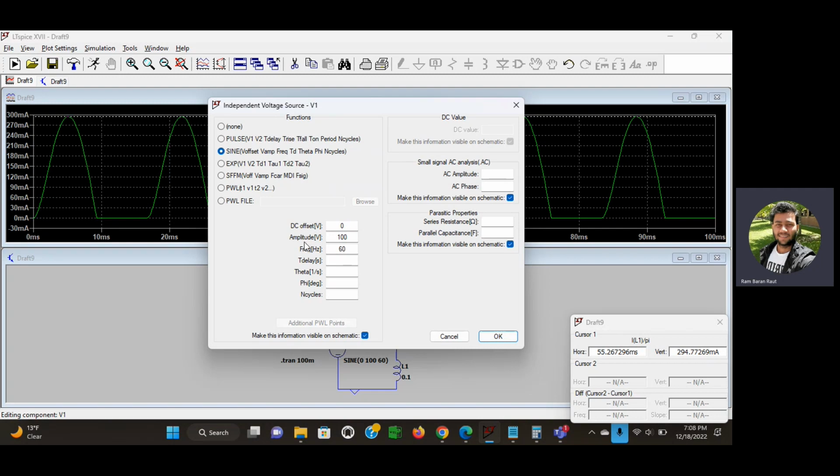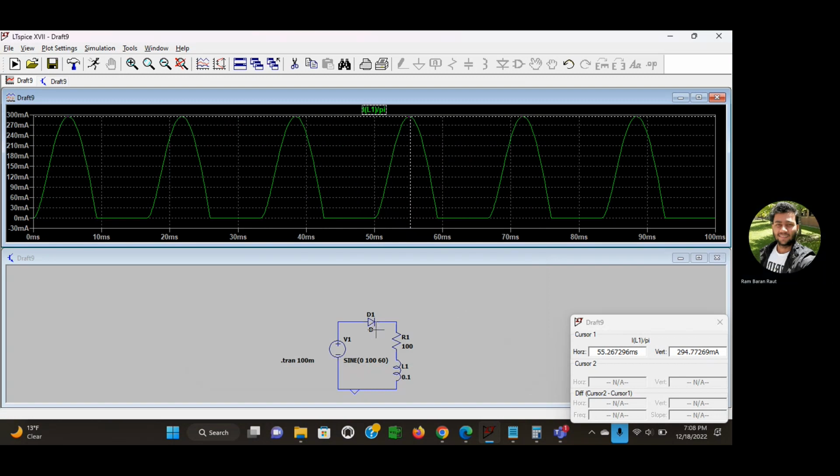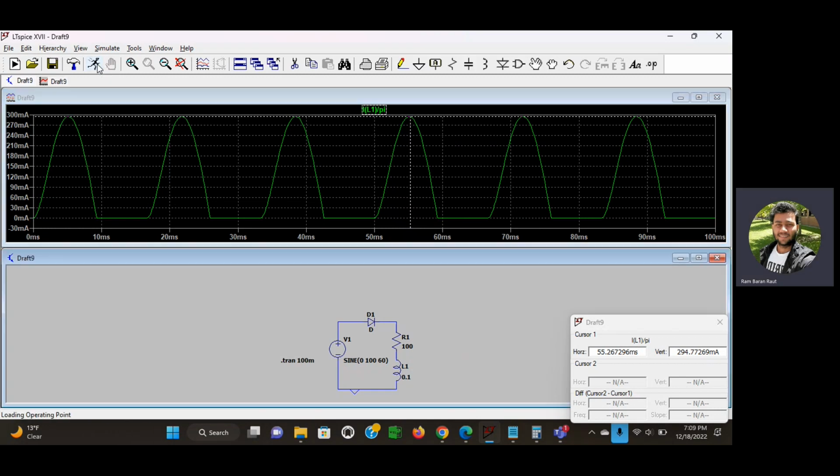We are assuming the amplitude is 100 volt and frequency is 60 hertz. We are assuming the diode is ideal, and the given resistance is 100 ohm and inductance is 0.1 Henry. So let's go and run this circuit.